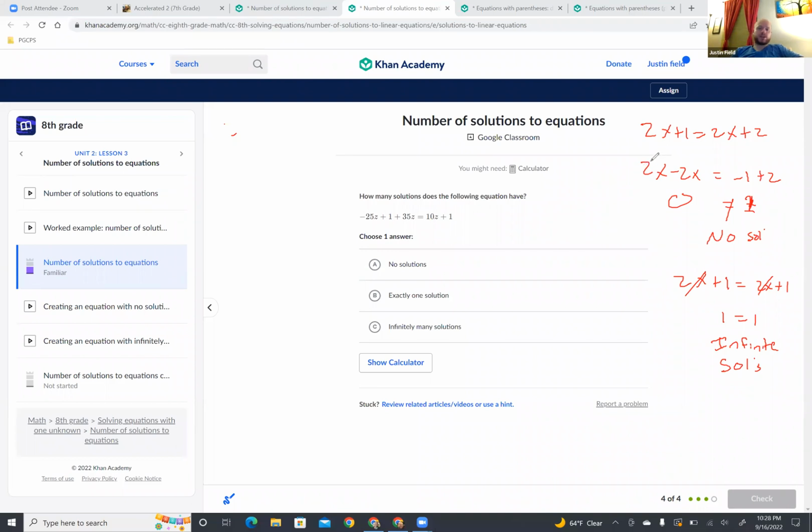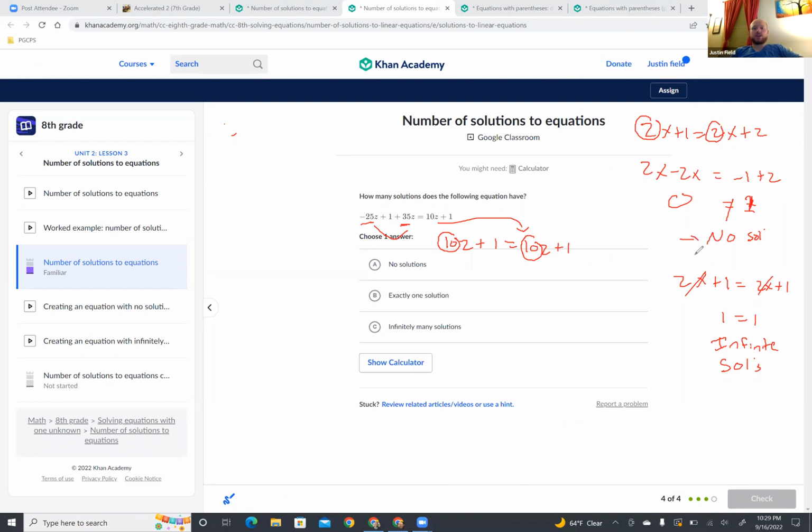So what I want you guys to do is compare coefficients of the variables after you've combined like terms. So see, we have these like terms over here, but if we combine them, -25 plus 35 is 10. And then write that on the other side, 10z plus 1. So first we look at the coefficients. They are the same.